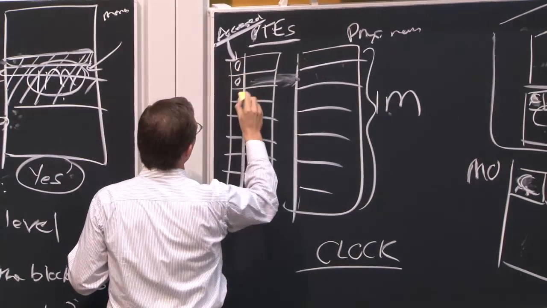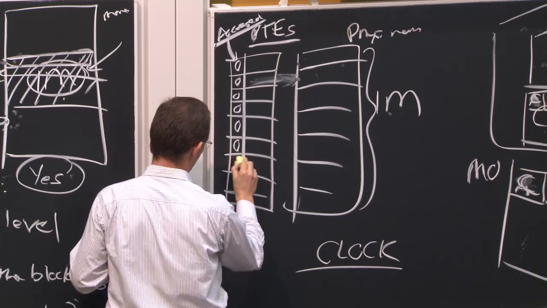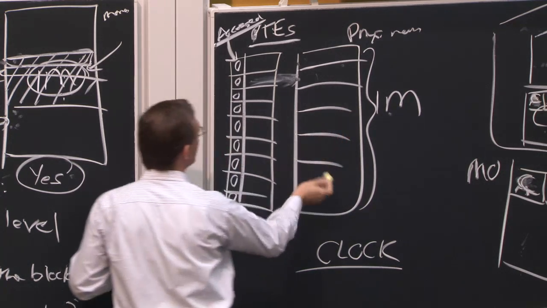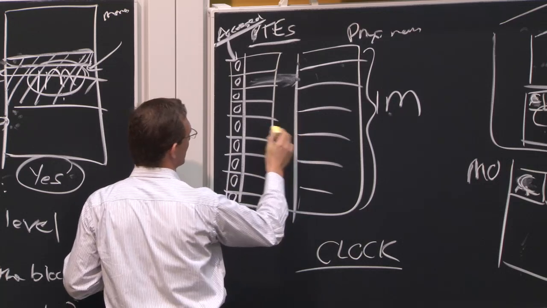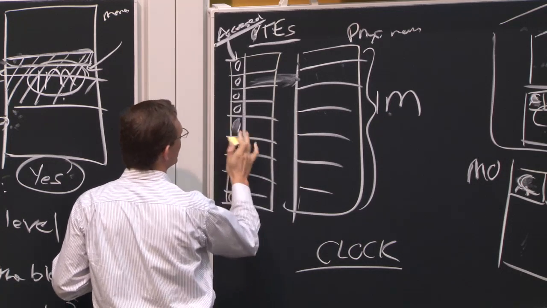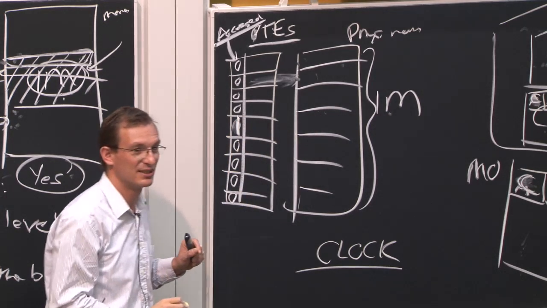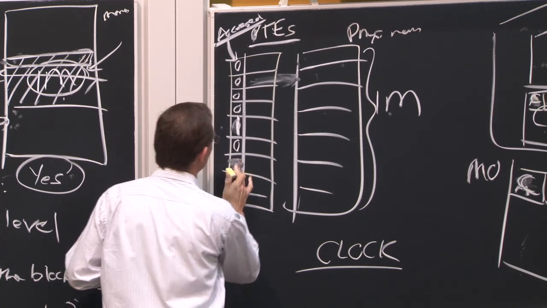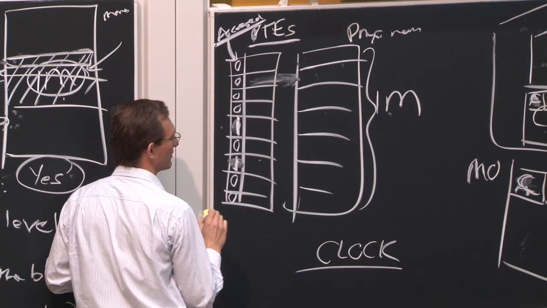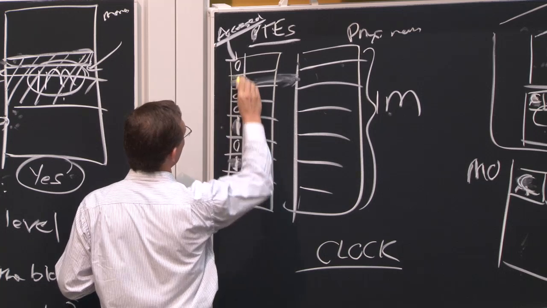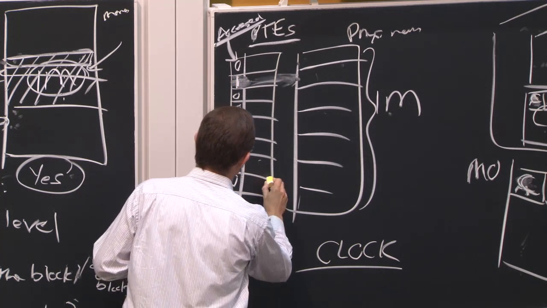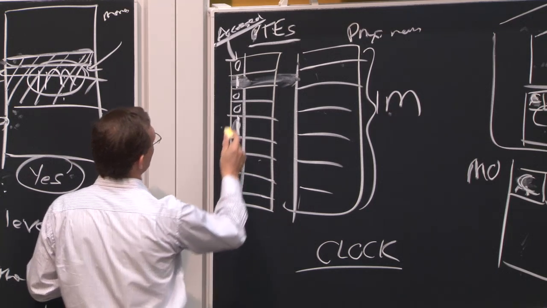Initially, all bits are 0. Now when you bring in a page into physical memory, you set the bit. Basically, you touch the page. You access the page. And let's say you access another page later on. You set that bit for that page. And then you access another page. You set that bit. Now, how do you do the replacement?